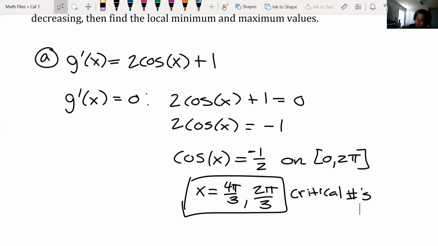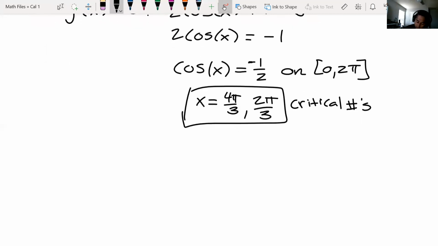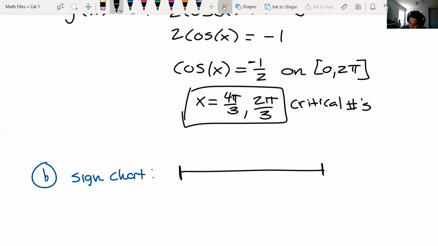Okay, which means it's sign chart time. All right, so they're actually giving us intervals to work on this time. So here's 0 and 2 pi. And then here's 2 pi over 3. Actually, let me make the unit circle so you know what radian values you can pick.